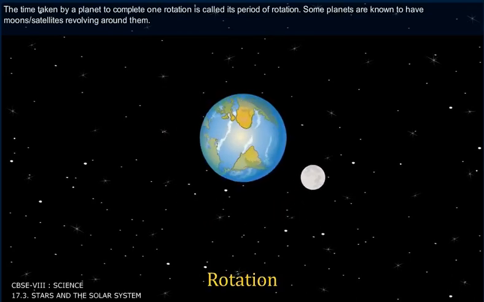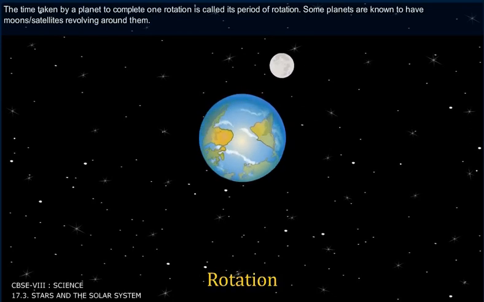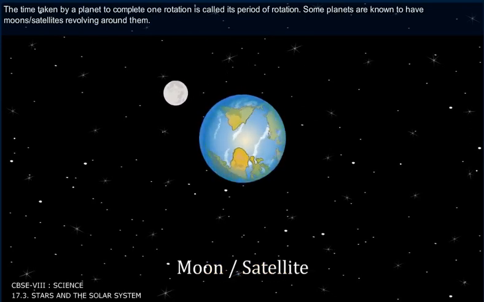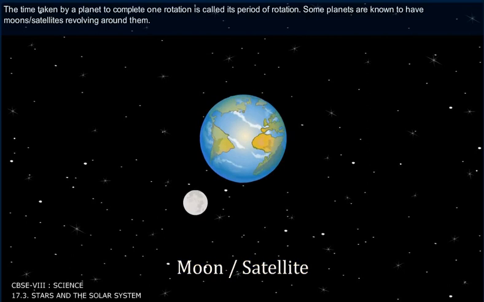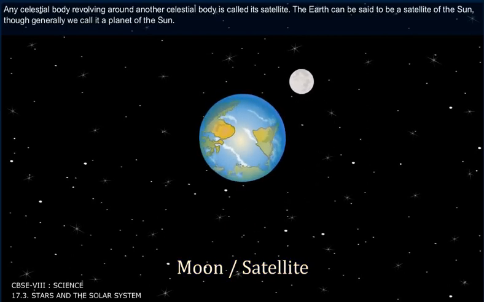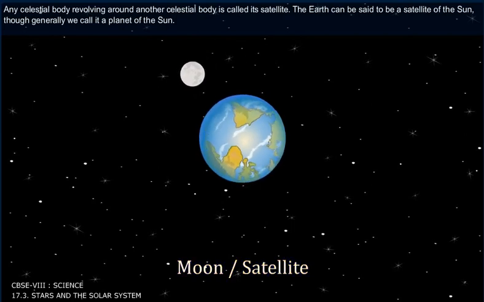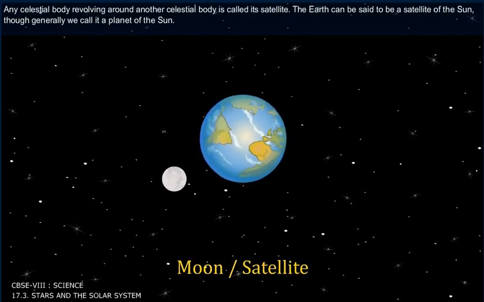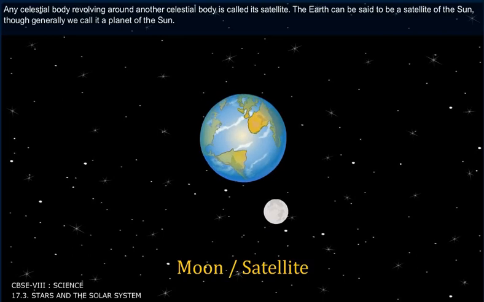Some planets are known to have moons or satellites revolving around them. Any celestial body revolving around another celestial body is called its satellite.